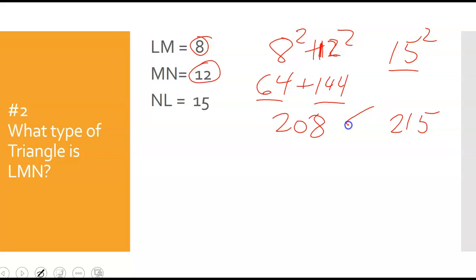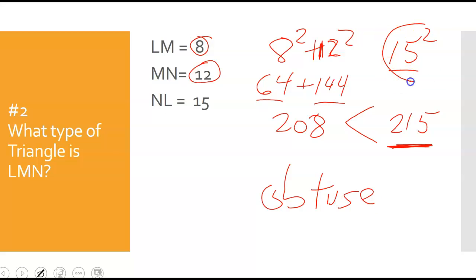That's bigger than the sum of the two smaller sides. So this has to be an obtuse triangle, because the biggest side is even bigger, meaning that the right angle opens up and becomes bigger, which means that side gets longer. So LMN would be an obtuse triangle.